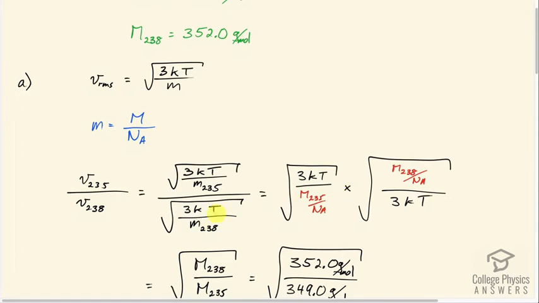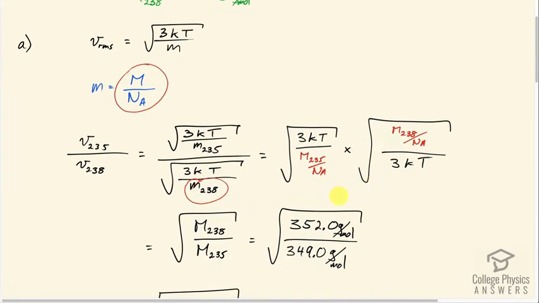I'm making a substitution, writing the molar mass of uranium-238 divided by Avogadro's number as a substitution for the mass of a single atom, and that's multiplied by 1 over 3kT, this being the flipped version of this. I find it less confusing to multiply by the reciprocal of something rather than divide by its fraction.